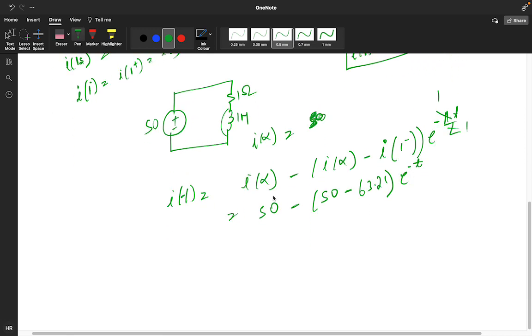So I of t is 50, and 50 minus 63.21 gives minus 13.21, so plus 13.21 e power minus t.